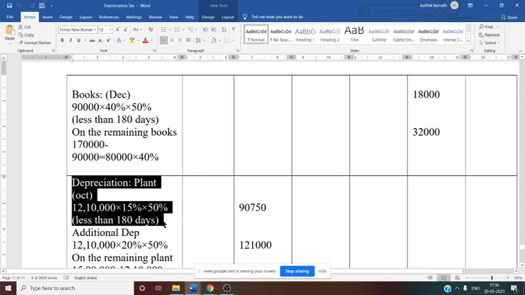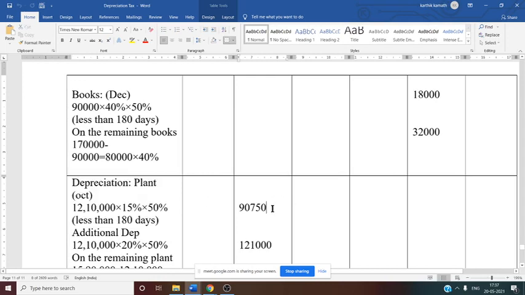Why 50%? Less than 180 days, I have written in the bracket. Or else you can also do 12,10,000 into 7.5%. That is also the same. So answer is 90,750.